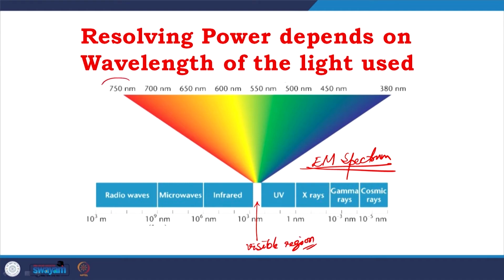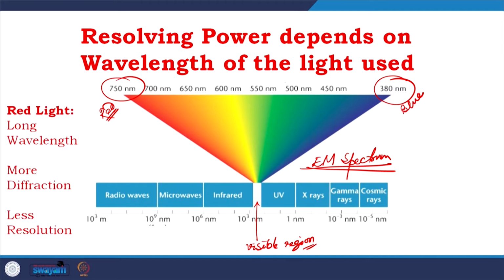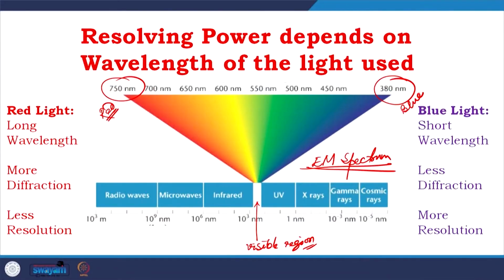Red has the highest wavelength and blue has the lowest. Red light has a long wavelength, 750 nanometers. When the wavelength is long, there is more diffraction and less resolution. Whereas blue light has a short wavelength, 380 nanometers, so less diffraction and more resolution. This is a very important slide.